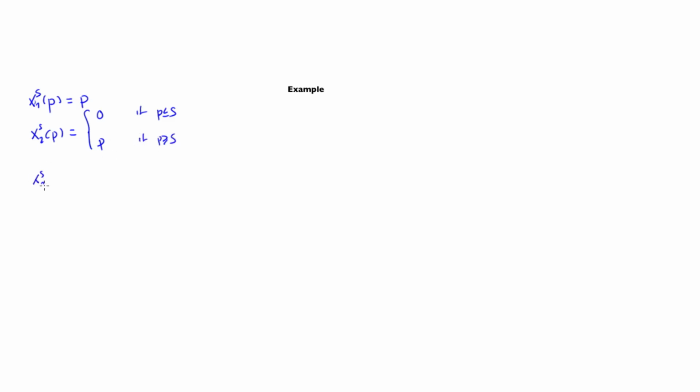And the third firm looks like this: 0 if P is less than or equal to 10, and P if P is greater than or equal to 10. These are supply functions of the type that you saw repeatedly in Unit 3. The question is, what does the aggregate supply function look like? And we're going to do it here.